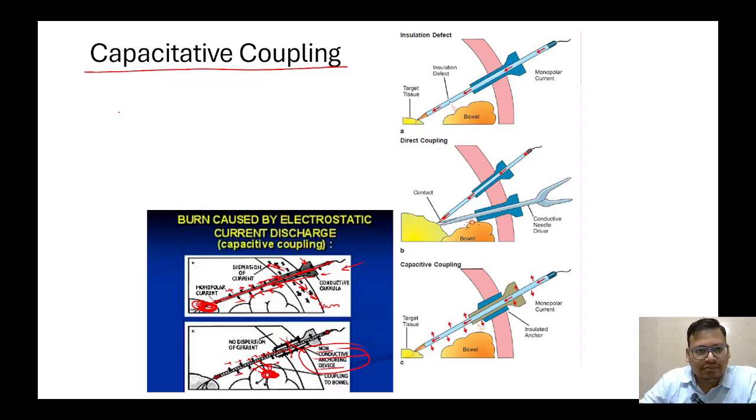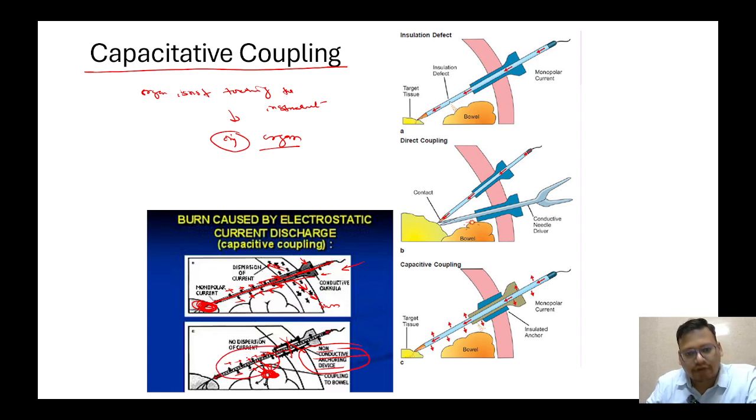Capacitive coupling means that the organ is not touching your instrument, but it can still cause coagulative or electric injury to the organ, because the static current generated at the surface of the electrode passes to the surrounding organ. That is because of the non-conductive plastic cannula. If you are using a plastic cannula, it is always advised to use a conductive cannula, so the current can pass through it.